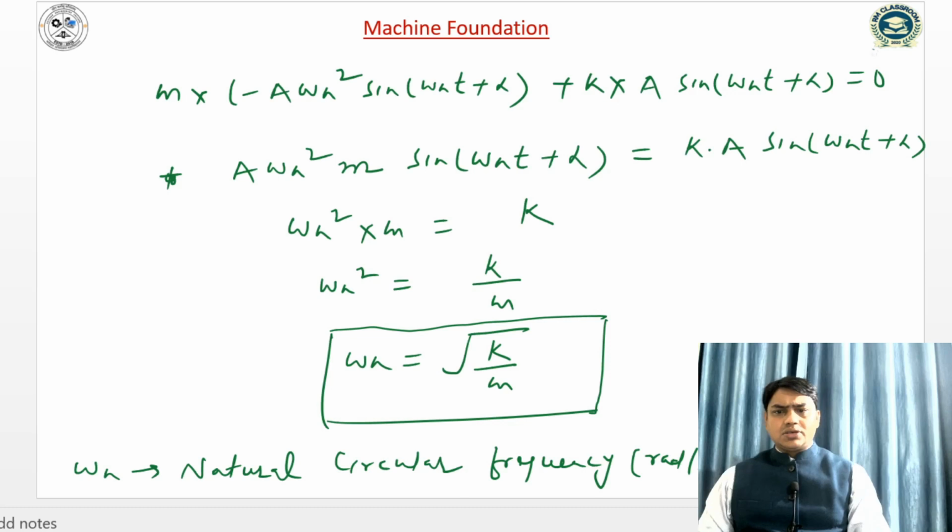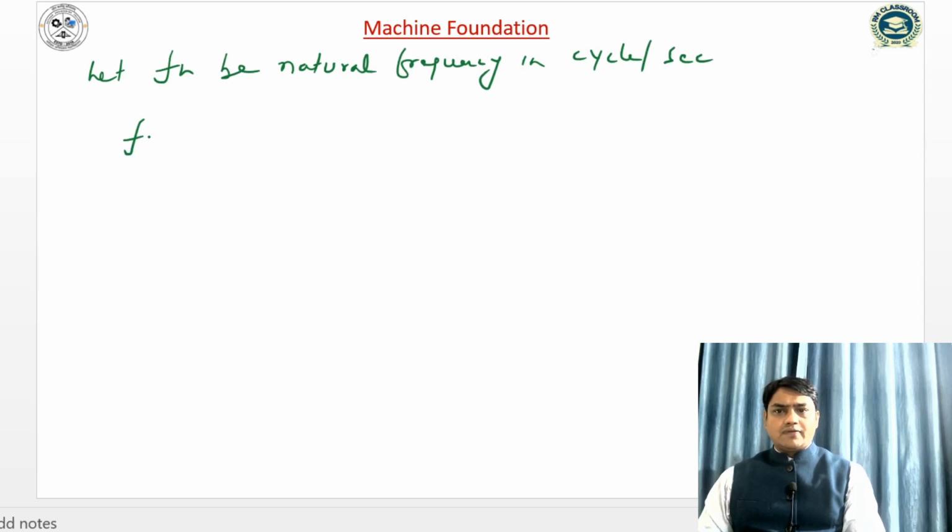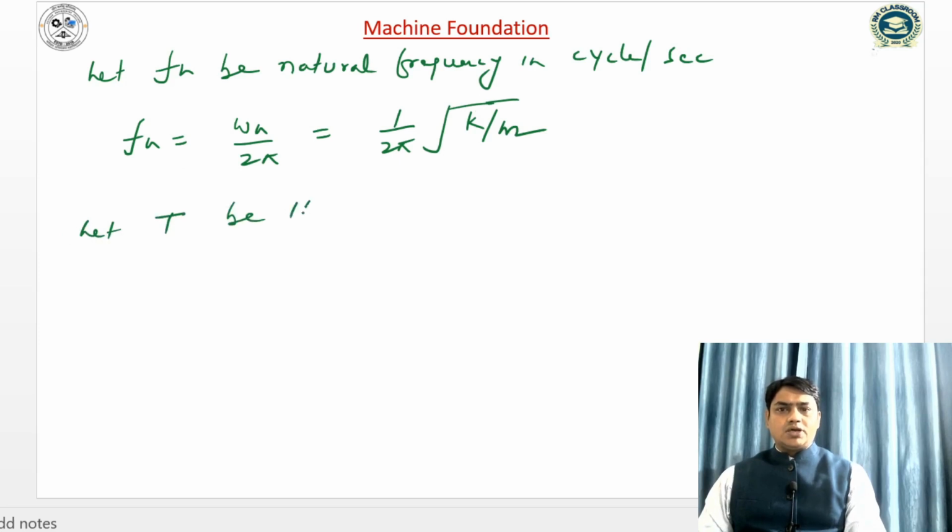Let Fn be the natural frequency in cycles per second. So Fn is equal to omega n by 2 pi, that is 1 by 2 pi square root of k by m. Similarly, let T be the time period.